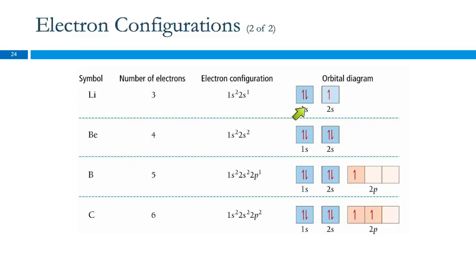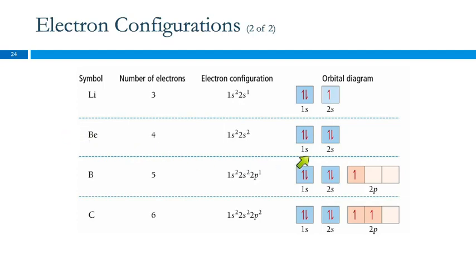So here we have the first floor, the s room, so 2 electrons are going to go in there, and then we have the second floor, the s room, and 1 electron is going to go in there. The other orbitals exist, but we don't draw them if they're all empty. We only draw the rooms that have electrons in them. So then the electron configuration is 1s2, 2s1. 1s has 2 electrons, and the 2s has 1 electron.